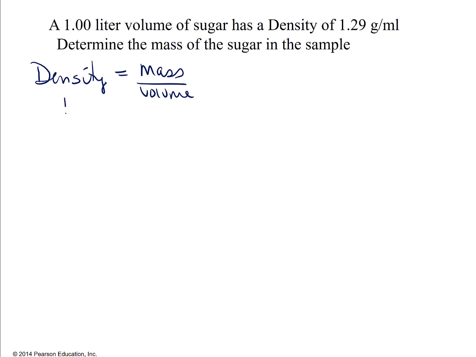Okay, so we know that density is 1.29 grams per mL, and we know volume, 1.00 liters. So that means this is our unknown. So mass: determine the mass of the sugar in the sample. That's the unknown.